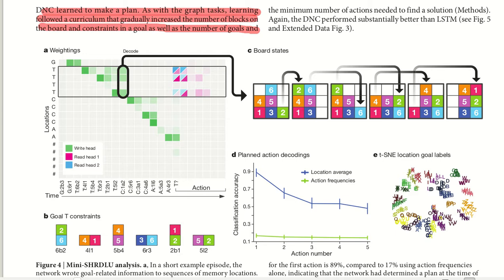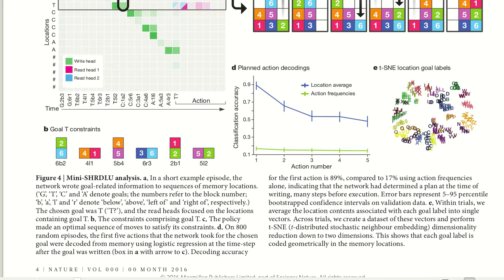And the network has to move these blocks around in order to make this realized. So this is the input, and the initial configuration is also an input, and then the network has to move things around. I believe this task is a reinforcement learning task, I'm not sure though, where the reward is only given at the end, only when this state is reached, and not otherwise. So it's not supervised learning.